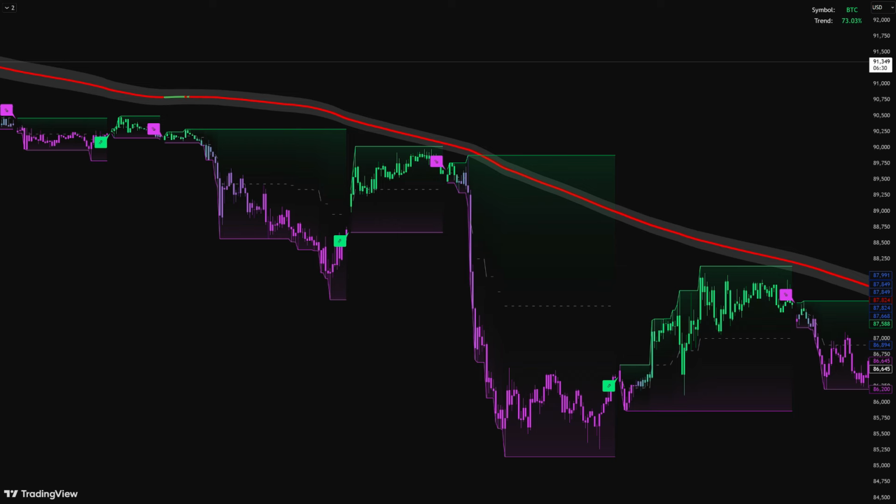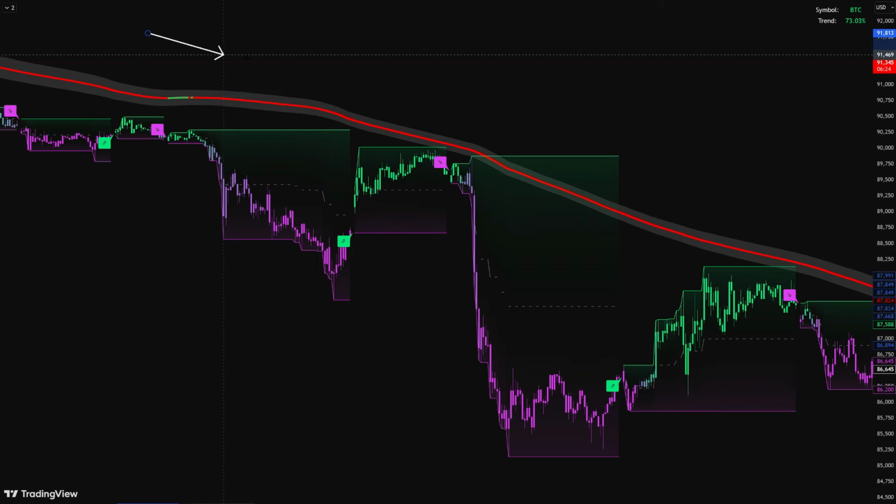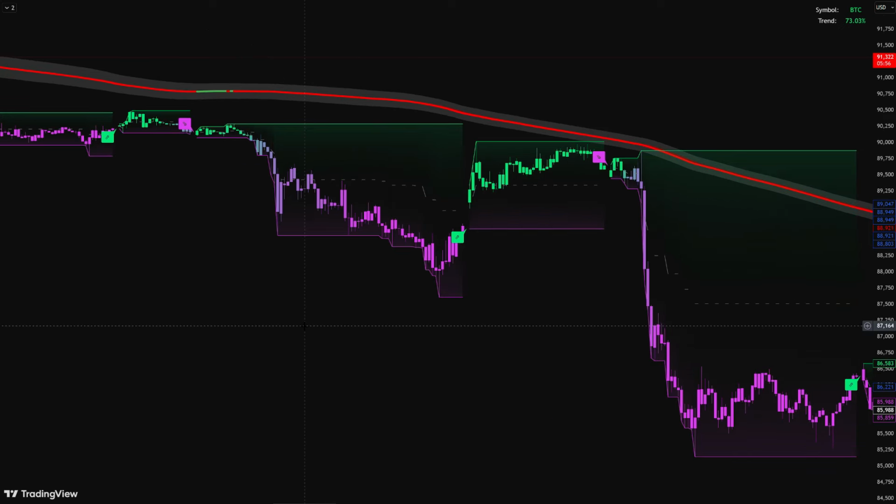When the ribbon is red and price is below it, we ignore all buy signals and only take sell signals. The stop loss goes slightly above the recent swing high and the target remains 1.5 times the risk.